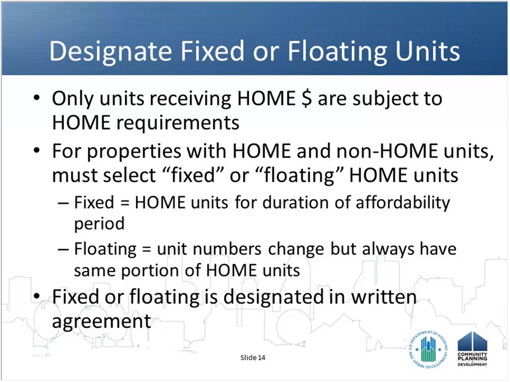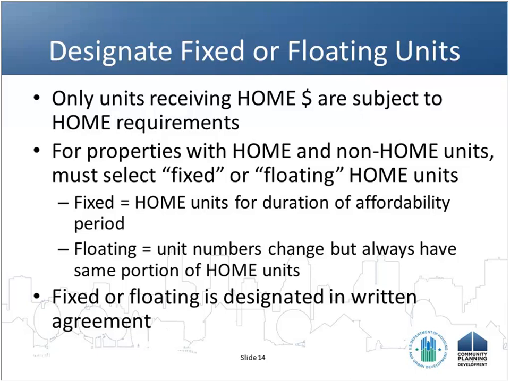So at any given time during that affordability period, we're going to have those same number of HOME units, but it might be different 2-bedroom units over time than started out originally, as we are recertifying incomes and need to redesignate units to stay within compliance. That's something the PJ needs to make a decision about on the front end of the project that would be designated within that written agreement.